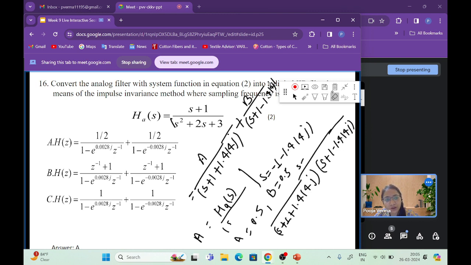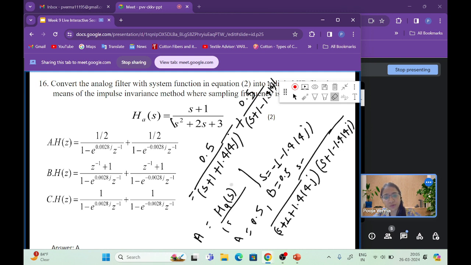Okay, after solving this, now we have to convert it into the Z domain after finding the roots. Then what will the equation be? I am directly writing from here, you can check it. The values of A and B are 0.5, so we have 0.5 divided by one pole and 0.5 divided by the other pole.